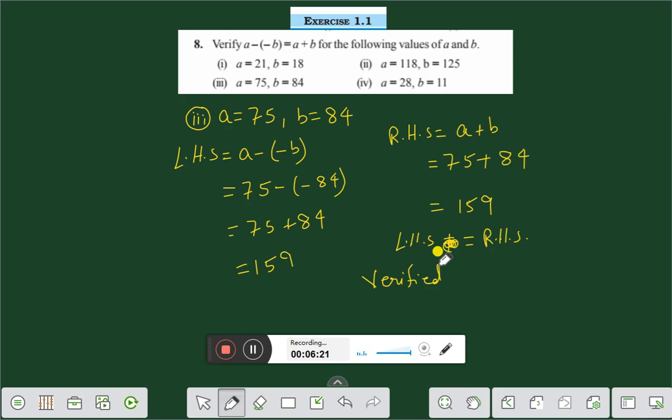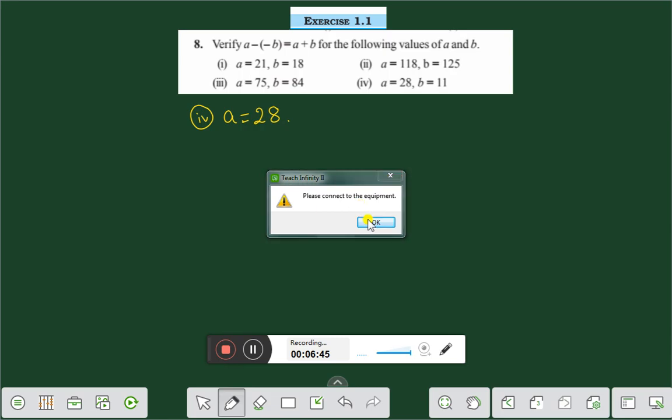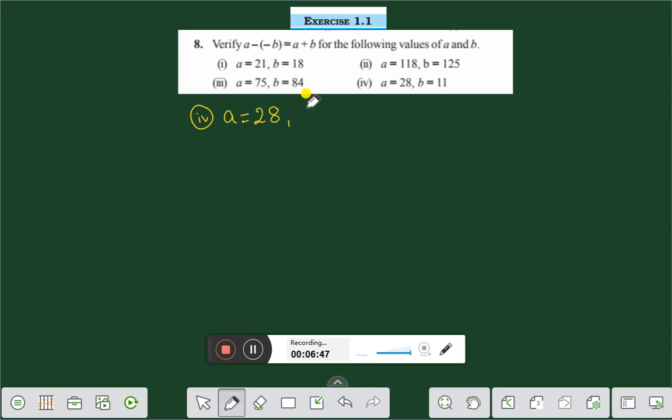Now we solve question number 4. What is question number 4? You see, question number 4, a is equal to 28, b is equal to 11.